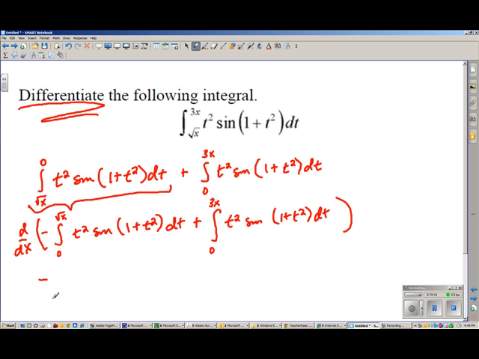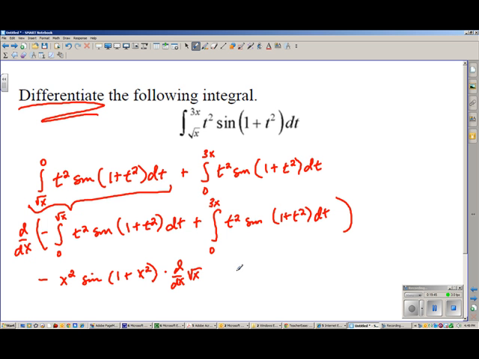Well, we'll just put radical x in there and square it and write the sine of 1 plus x squared. Now we have to multiply that by the derivative of radical x. And again, that's because of the chain rule.